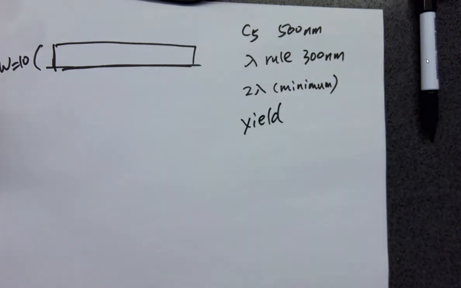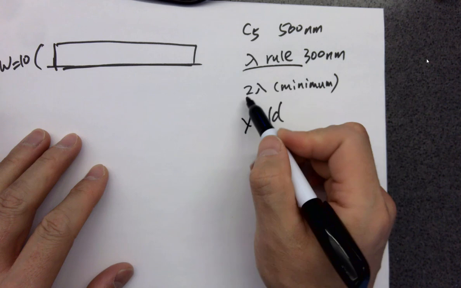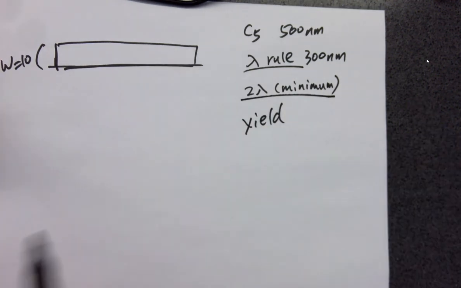So it's more reliable to use 2 lambda as the minimum in that 500 nanometer technology. Even though the minimum they can fabricate is 500 nanometers, the chance to fail some of the transistors is high. So that's why I want to keep using 2 lambda, just to make sure that all these dimensions are manufacturable and reliable. So 2 lambda is the lambda rule, and we usually use 2 lambda as a minimum dimension for the transistors.